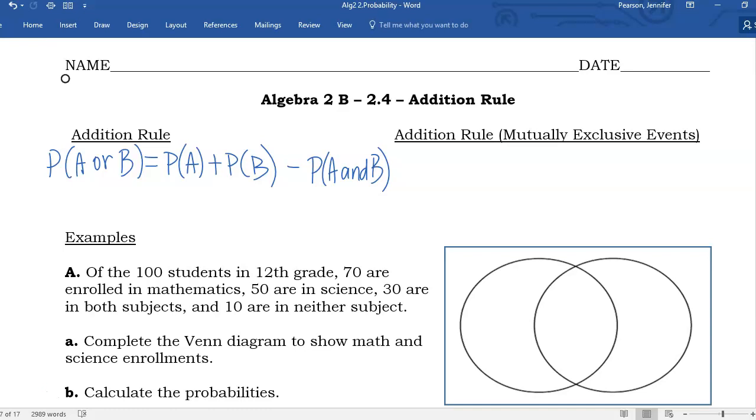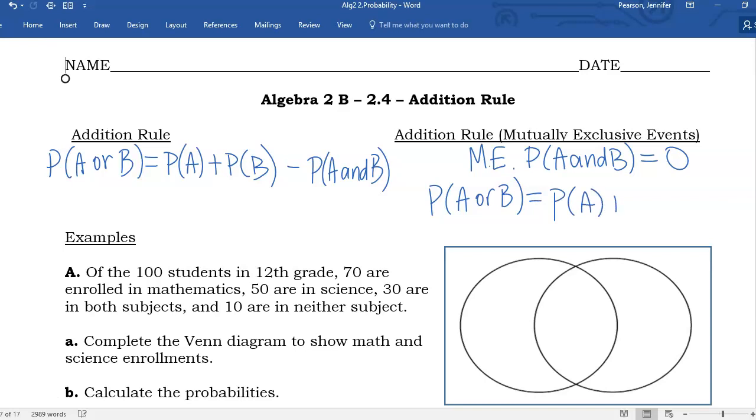Mutually exclusive means that there is no overlap. The probability of A and B is 0, okay? So if the probability of A and B is 0, you can just go ahead and add A and B, because if you're subtracting 0, it's not going to change anything at the back. Okay?